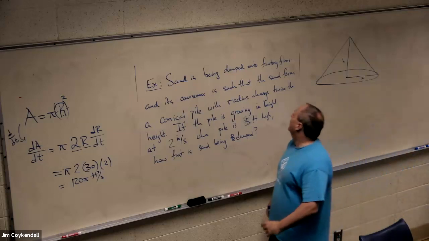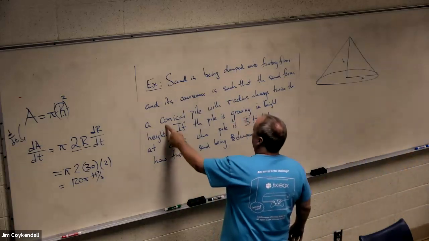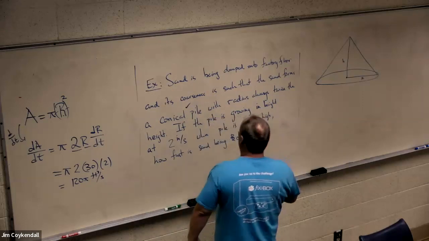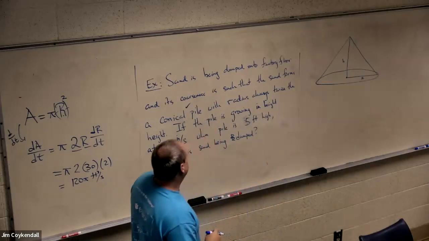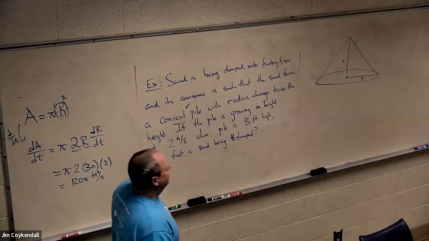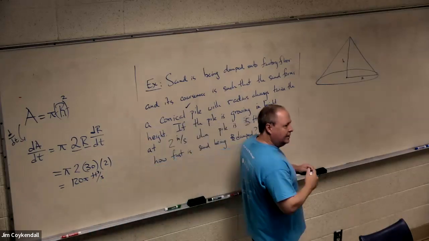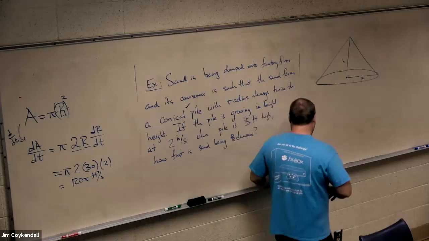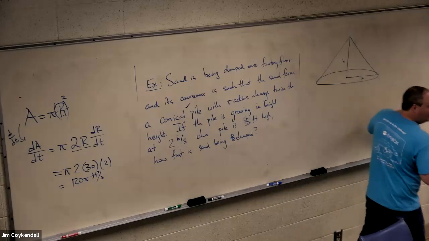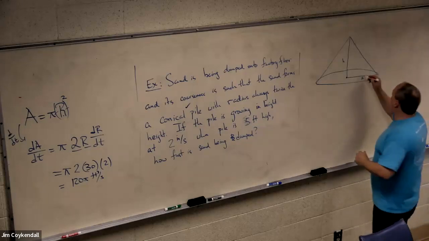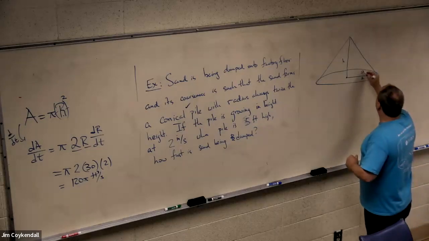Okay. Conical pile, got that. Radius always twice the height. Can I add something in the picture? So yes, that's correct, but R is 2H, so I can also say this is 2H.